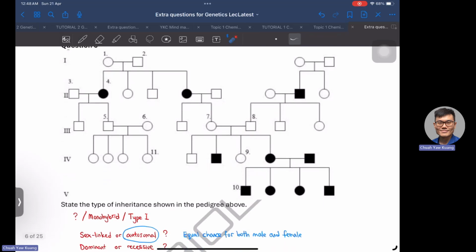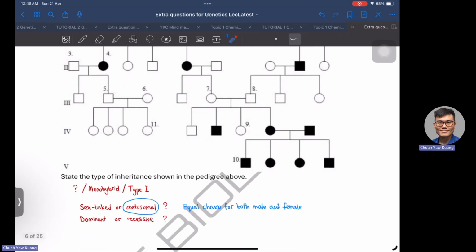Yeah. So based on this, what we can find is you can see here the individuals 3, 7 and 3, 8. You can see that both unaffected parents have at least one affected offspring.